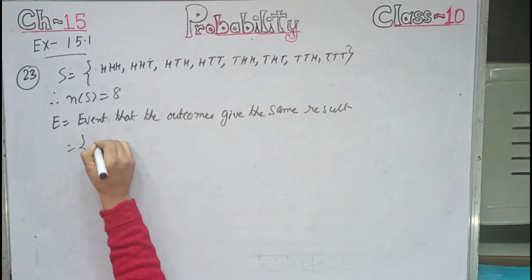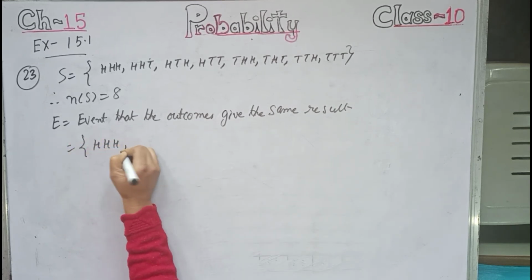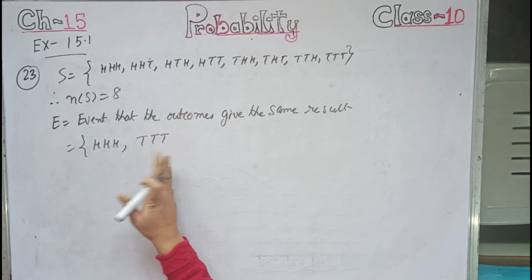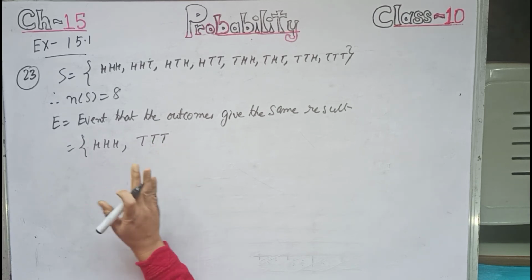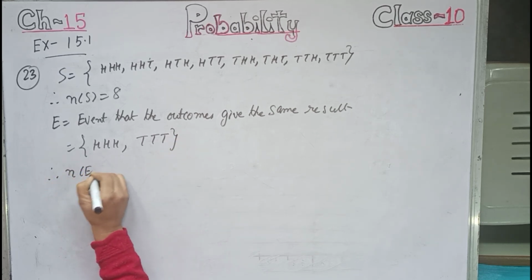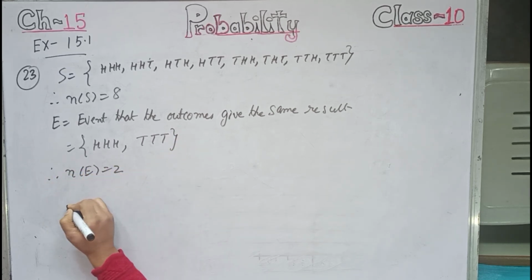Now this equals H H H, T T T. In these two only, the result is the same. So therefore n(E) equals 2.